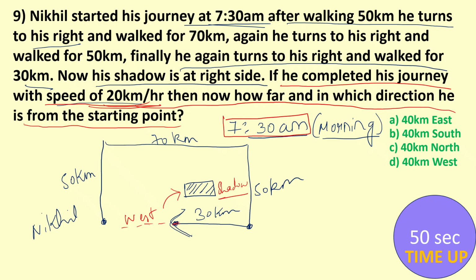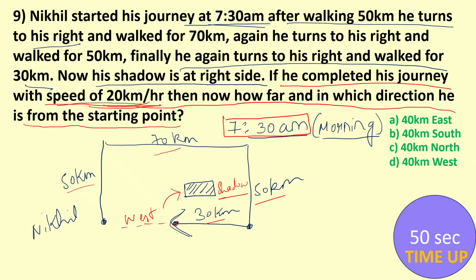Distance is speed into time. They have given you the speed, we need the time. Distance we can find out because he started from here, so 50 plus 70 plus 50 plus 30 will give you the distance.